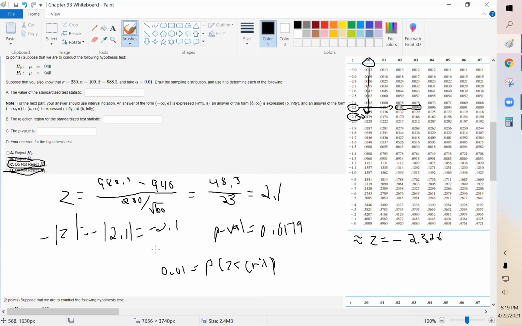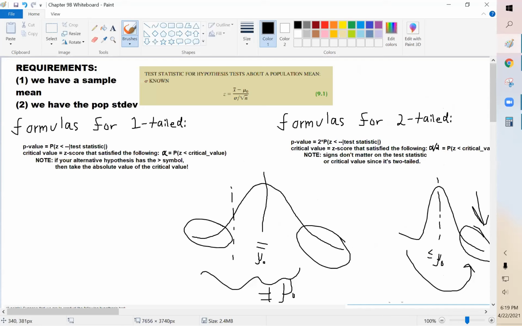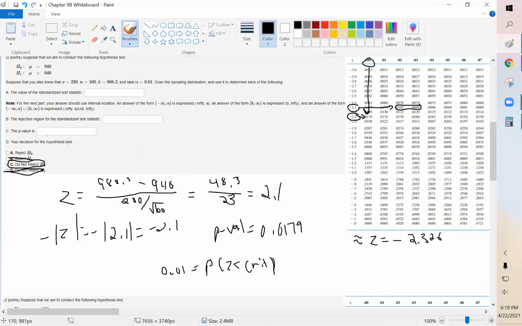Now, as a note, we recall from the one tail, if our alternative hypothesis has the greater than symbol, then we have to take the positive. In this case, we have the greater than, so we have to take the positive. So our critical value is 2.326.